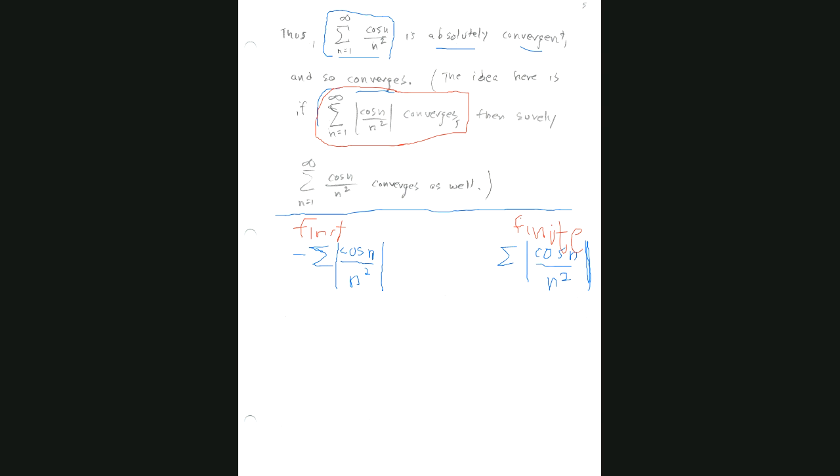Okay. All right. Well, now let me write our series right in the middle here: cosine of n over n squared.